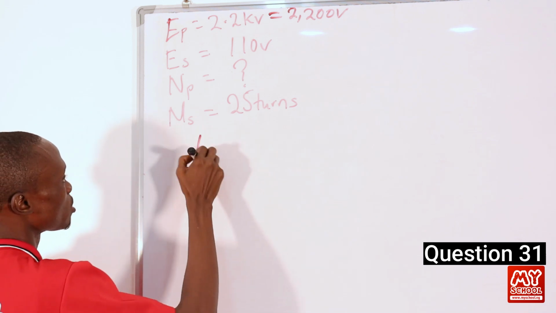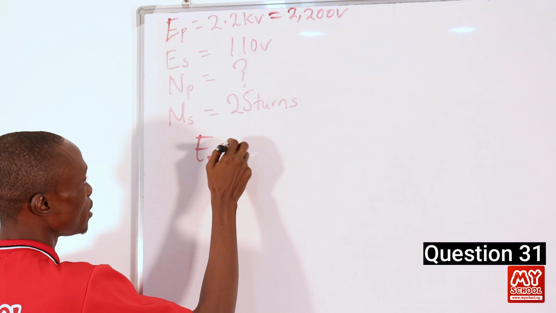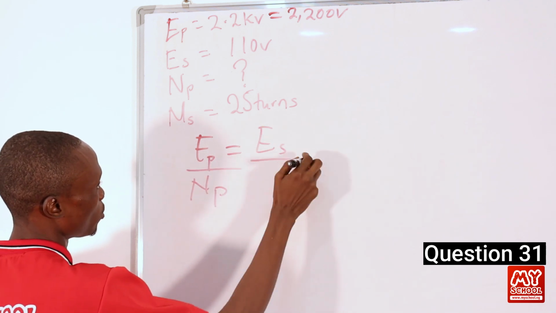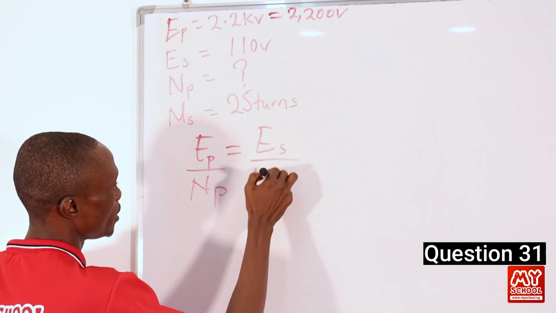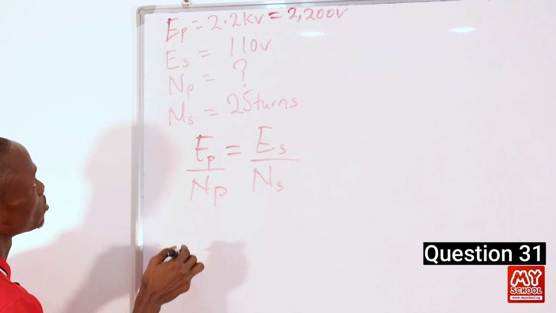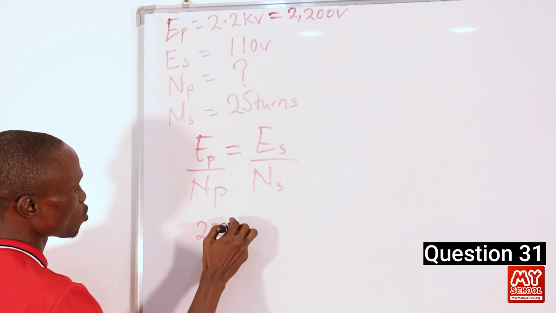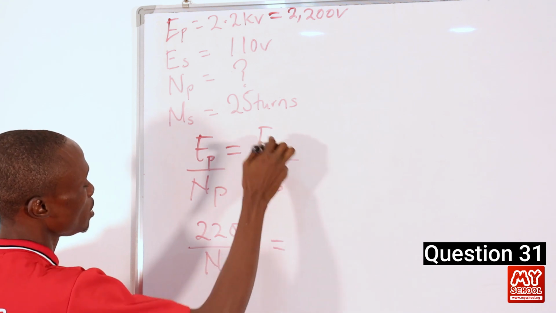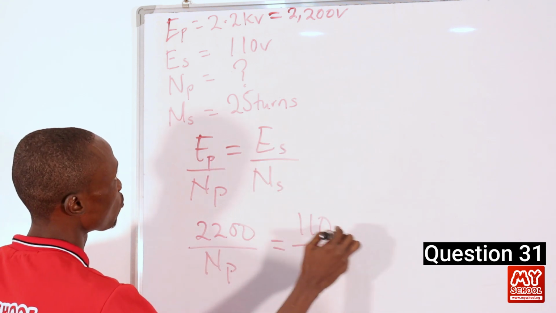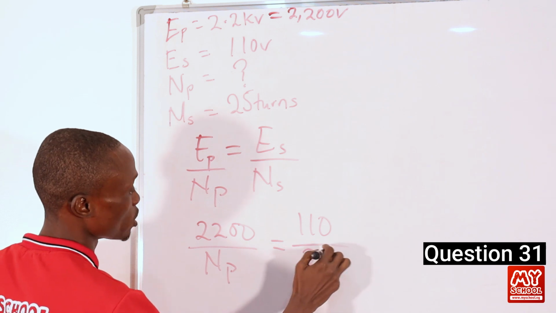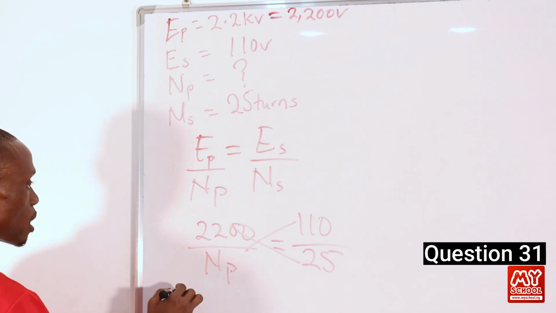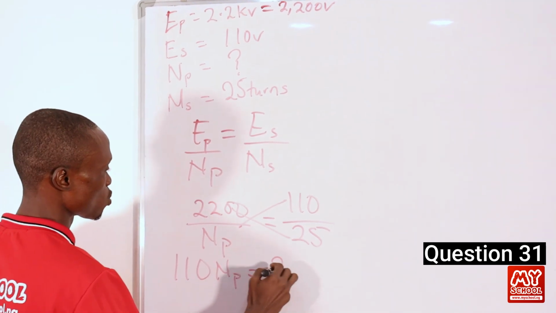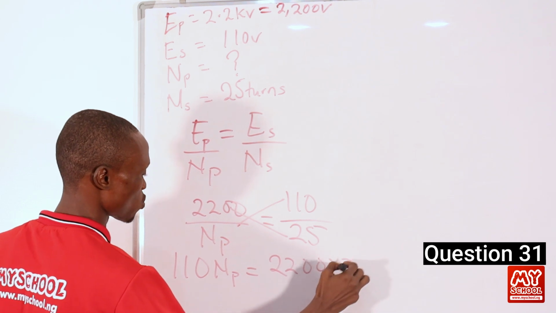So we simply use Ep over Np is equal to Es over Ns. We just put in our values. Ep is 2200 over Np, what we are looking for, is equal to Es, 110, over Ns, 25. We cross multiply so that 110 Np is equal to 2200 times 25.